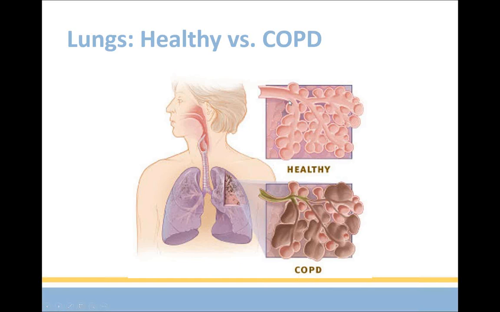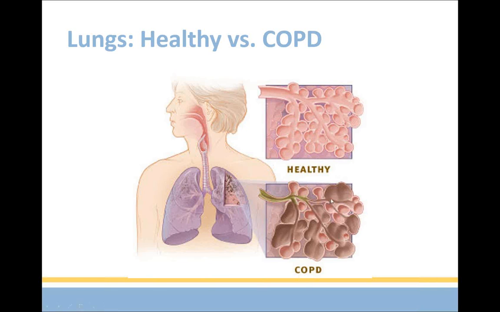The little bubbles that you see in the healthy picture are called alveoli, and think of the branches or vines that the alveoli are attached to as the bronchioles. You can see in the picture down below what the diseased lung looks like. I just wanted to put that in there for you to reference.